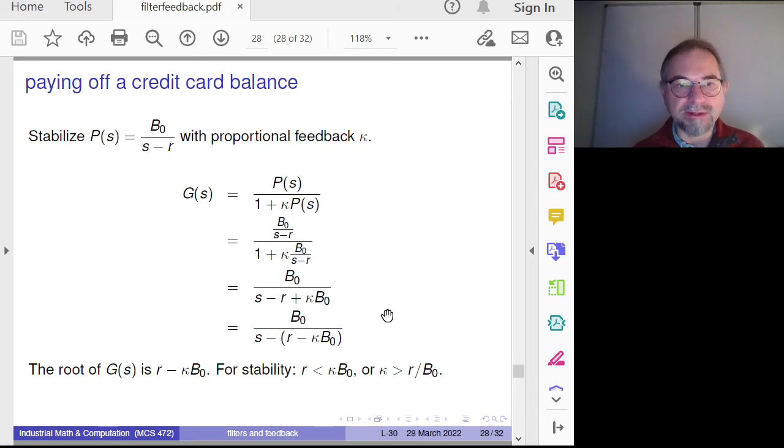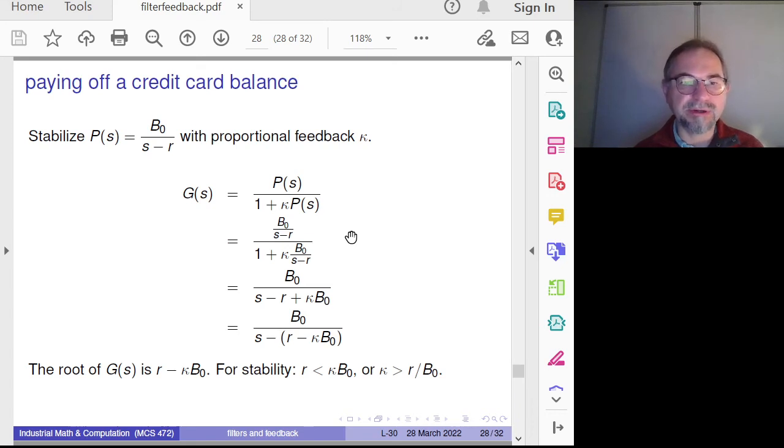How do we get there? Well, we set up the transfer function of the closed loop system. We do some simplification, very similar. We bring in the s minus r from the numerator into the denominator, and then we look for the root.